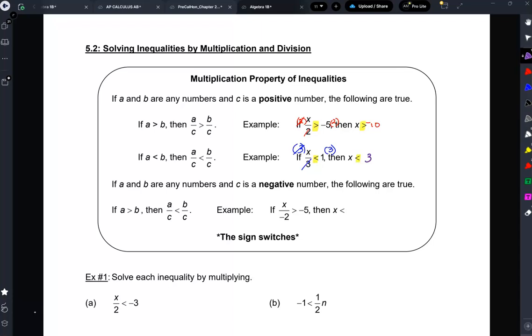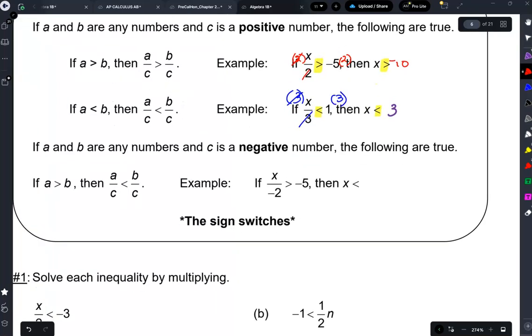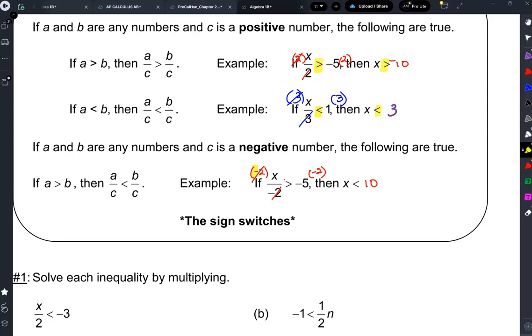Here, x over negative 2 is greater than this. What am I going to multiply by now? Negative 2. However, this is going to go away. So that's going to be x. This is going to be positive 10. But now, you see how I multiplied by a negative number?